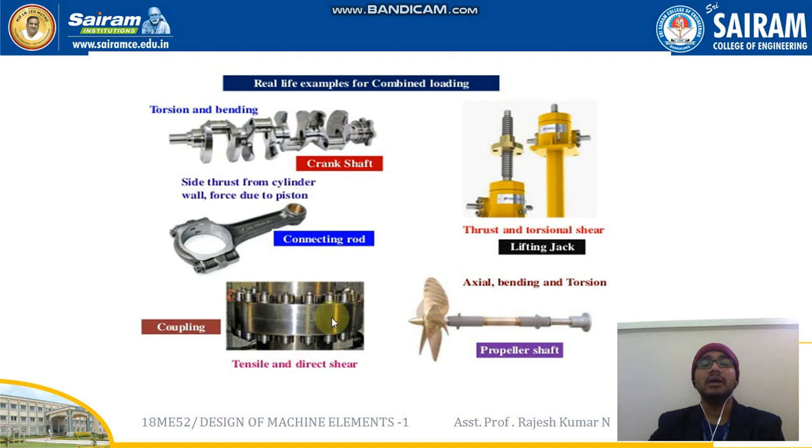Then a thrust and torsional shear example, a lifting jack or screw jack, where torsion, some bending and some axial load will also be there. A propeller shaft is an example where the combination of axial load, bending and torsion, all three, will be there.